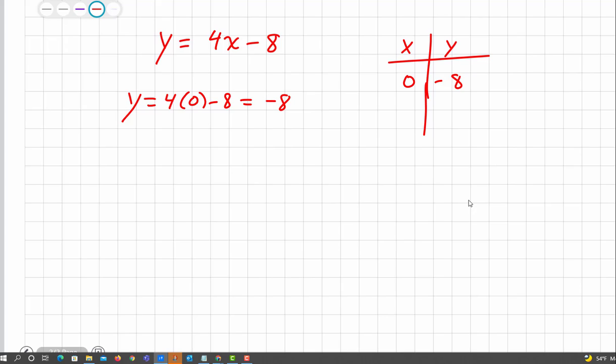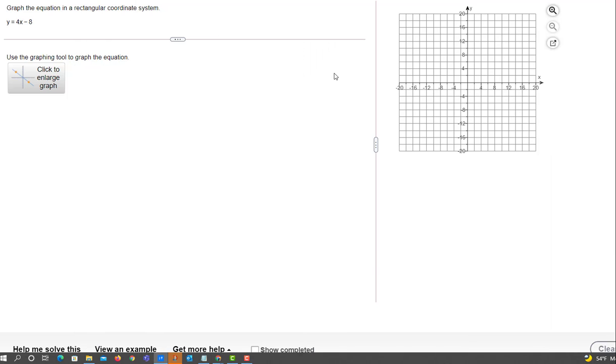Why not plug in 2, and then I would get 8 minus 8, which is 0. So what this gives me are these 2 points that now I can go plot. So 0, -8, and then 2, 0.